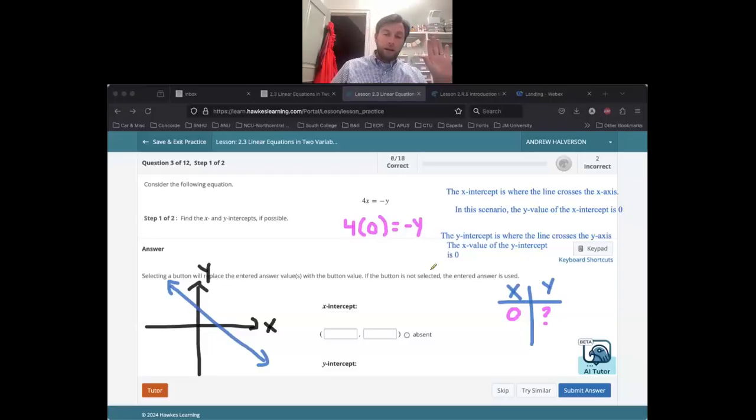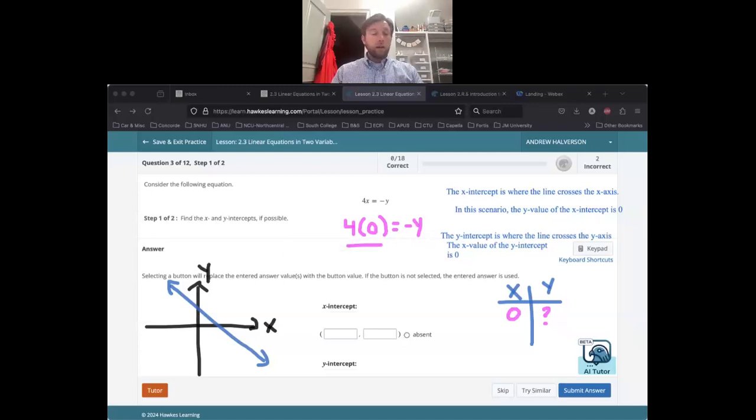So the y-intercept is when x is 0. Plug 0 in for x, and solve for y to find the y value of the y-intercept. So in this case, what's that y value? When I plug in 0 for x, I solve it.